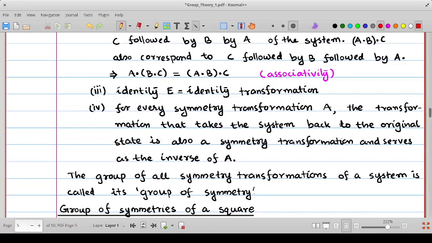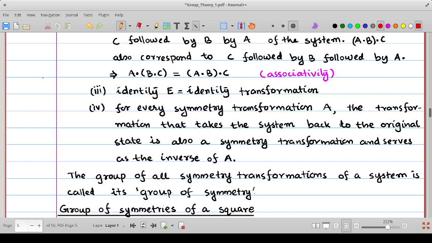The third one that we need to check is the existence of an identity transformation. We can always define a transformation which does nothing to the system. So that is called the identity transformation, which is a symmetry transformation because it does not change the system at all. So we see that there is an identity transformation as well.